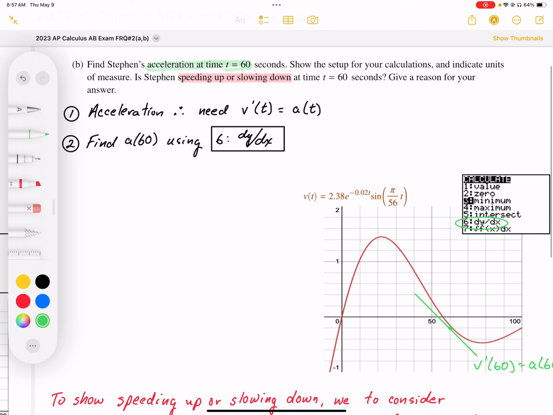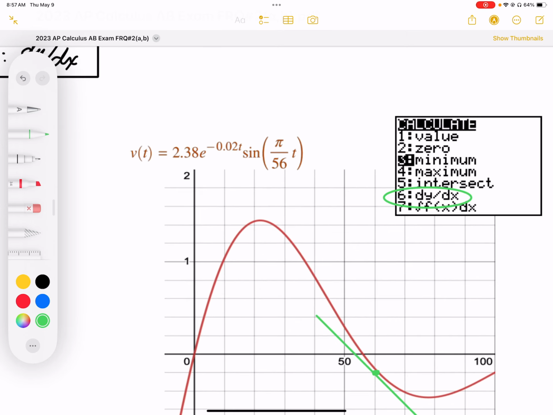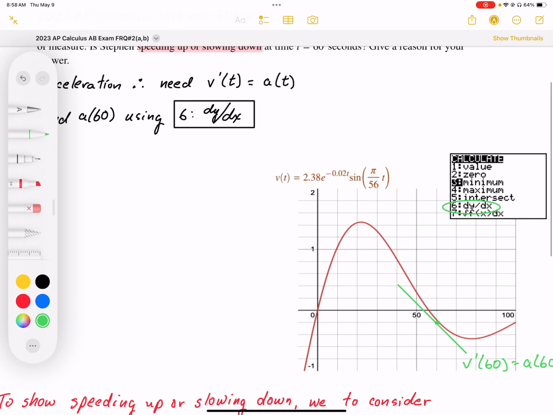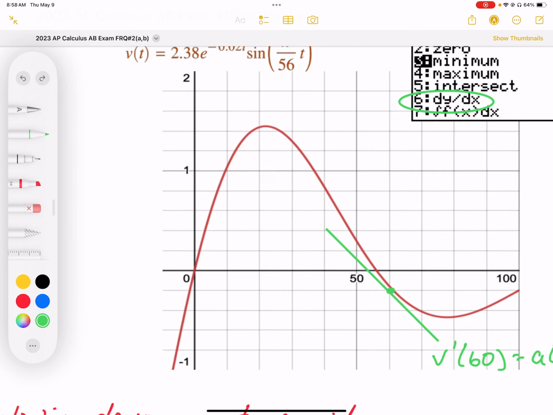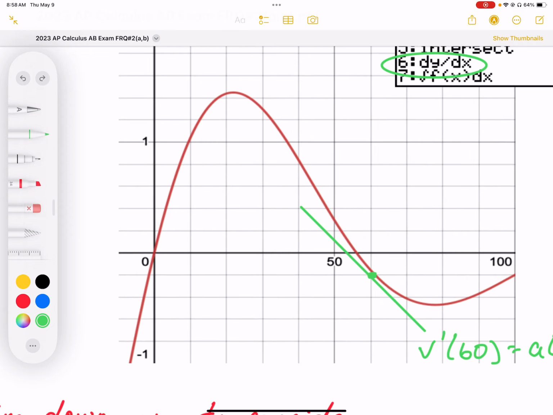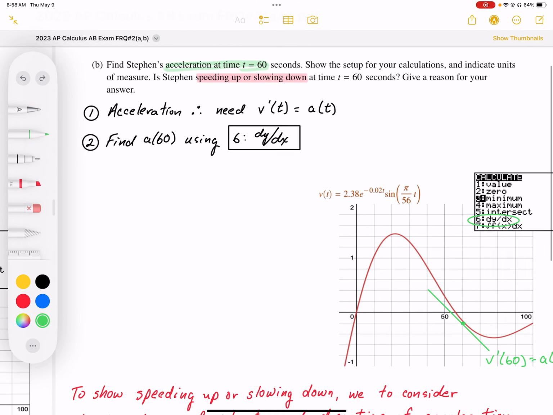And since this is a graphing calculator function, we're going to use the dy/dx function on the calculator to find slope. So we will find the slope at 60 seconds. That green dot is at 60 seconds, and that slope line represents the slope at 60 seconds, or in other words, the acceleration.